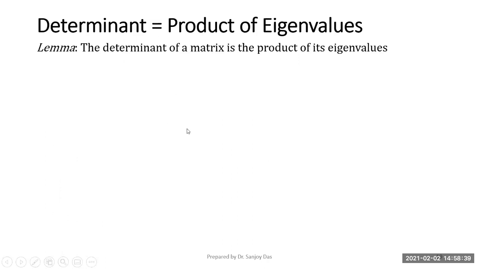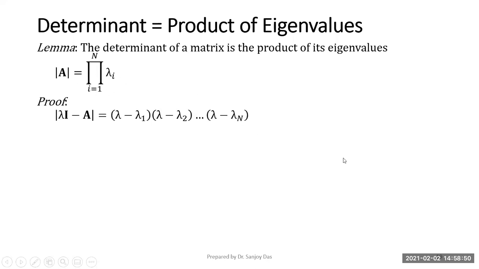Lemma. The determinant of a matrix is the product of its eigenvalues. Determinant of A is the product of its eigenvalues. Proof: lambda I minus A equals this, right? By definition. I'm using unique indexes for the eigenvalues here. Now let lambda equal 0.